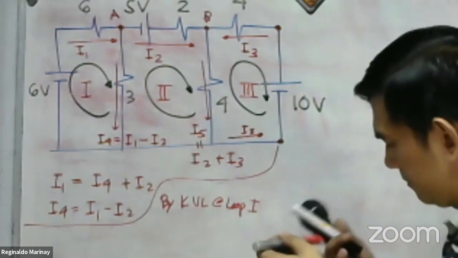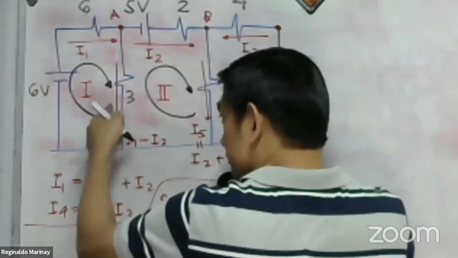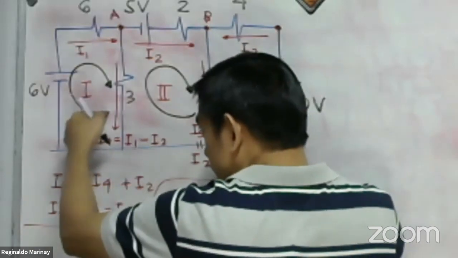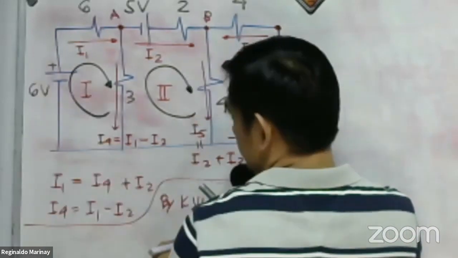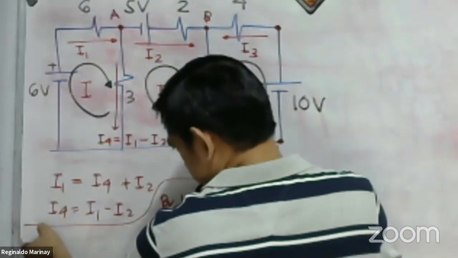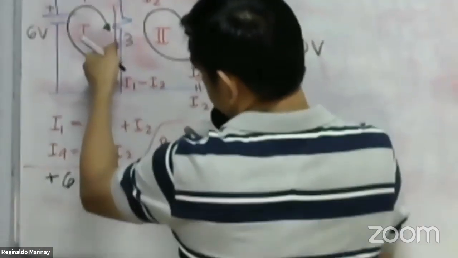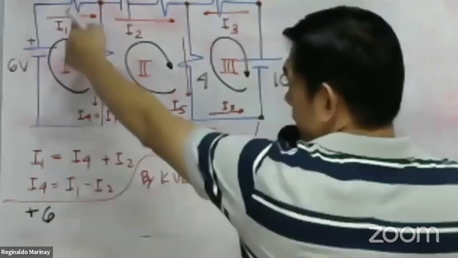Tingin tayo sa loop 1. This is again a circuit tracing. The circuit tracing lives on the positive terminal of 6 volts. Therefore, that is positive 6. So, positive 6.